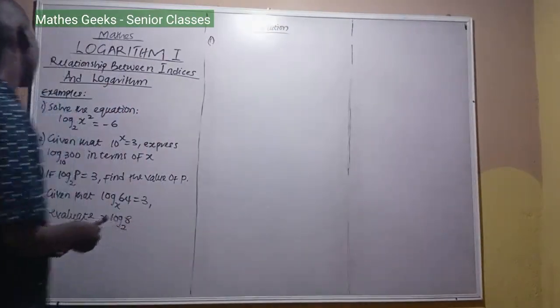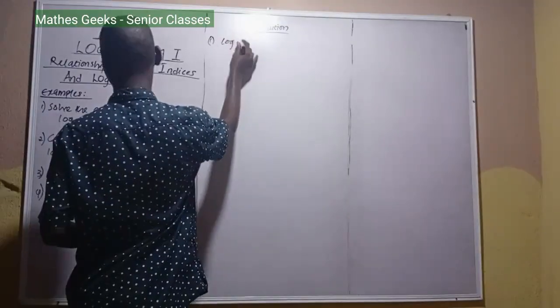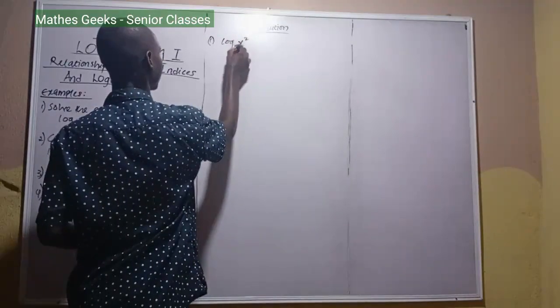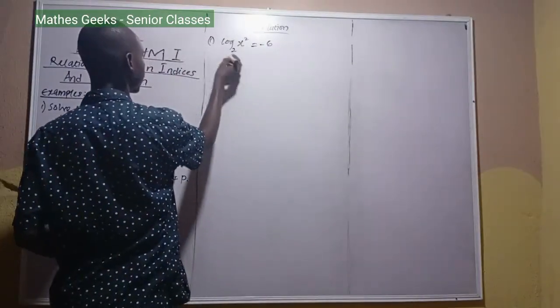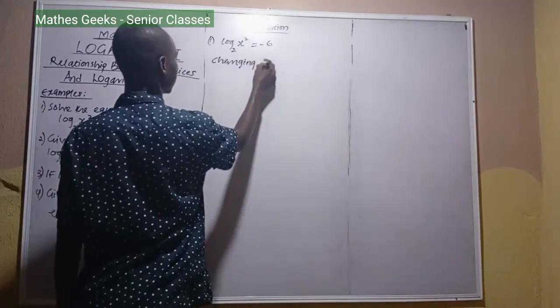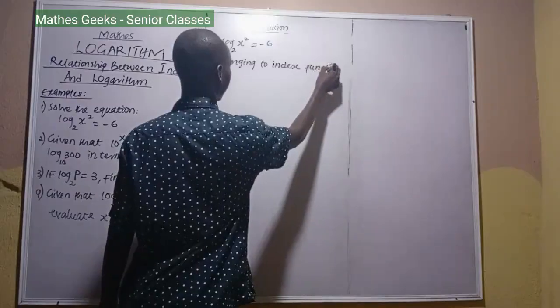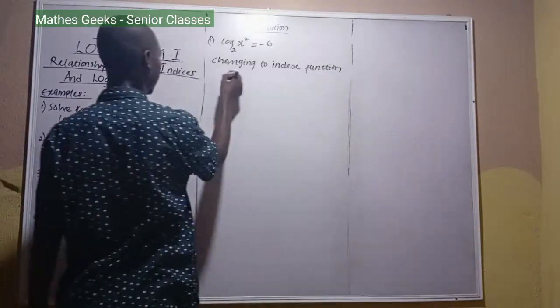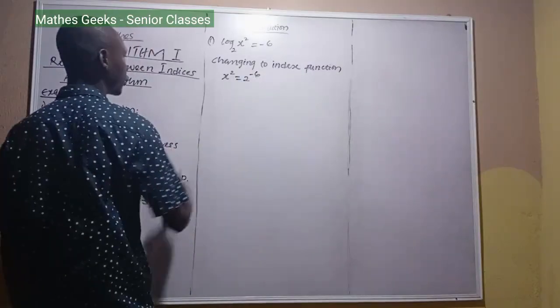Number 1. Solve the equation log x raised to the power 2 to the base 2 equal to minus 6. So changing to index function, x raised to the power 2 is equal to 2 raised to minus 6.